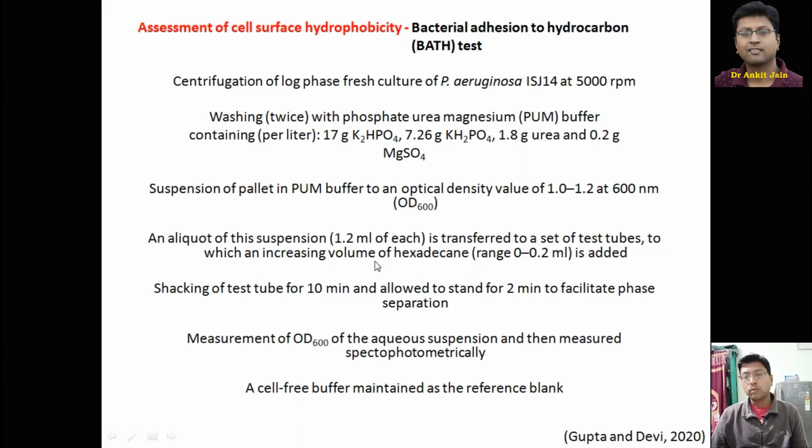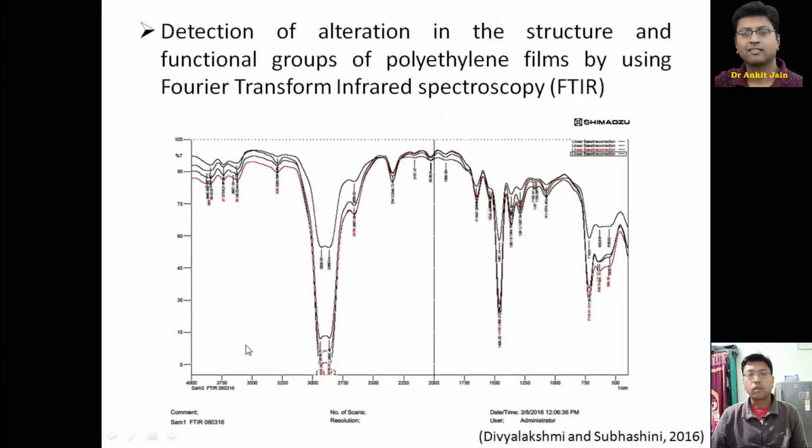The OD of the aqueous suspension is taken spectrophotometrically. A cell-free buffer is maintained as a reference blank.